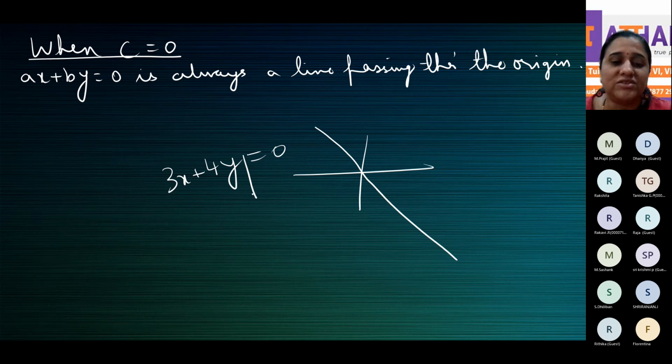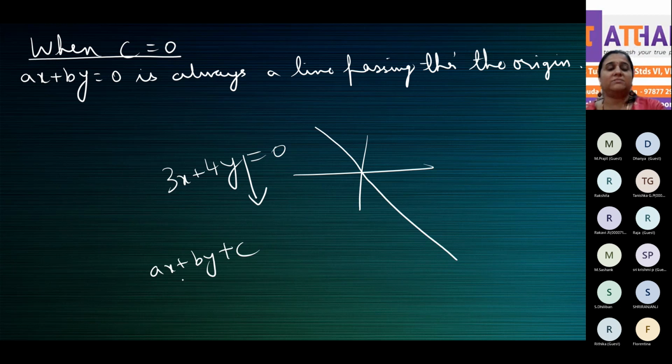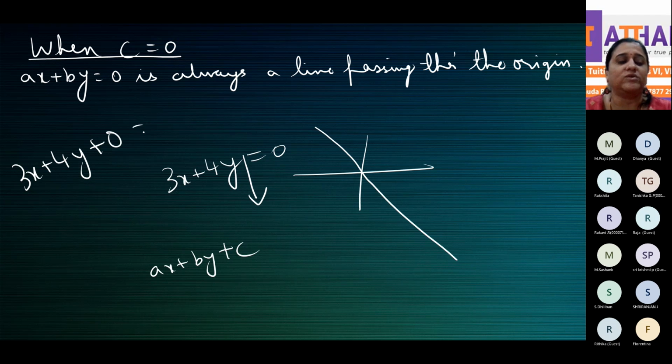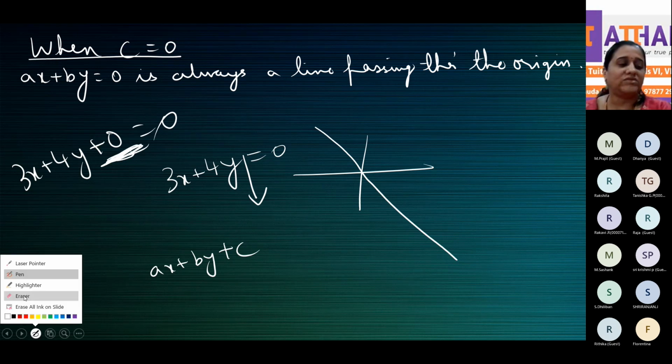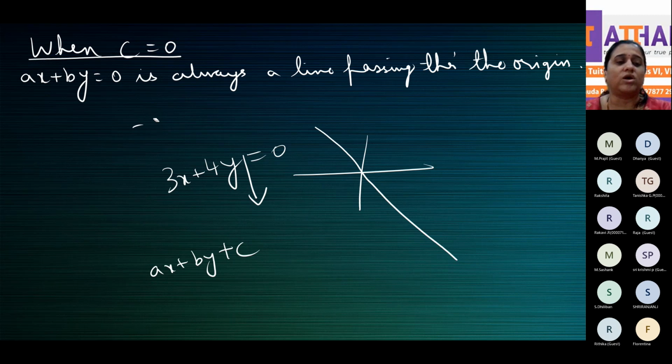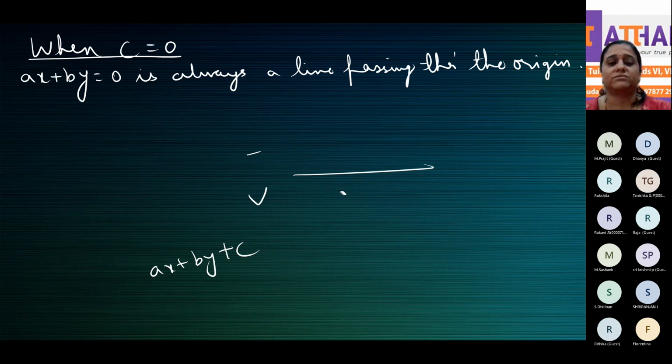Because the constant is missing, the c in ax plus by plus c. It is 3x plus 4y plus 0 is equal to 0. c is 0. So whenever c is 0, the line will pass through the origin. I'll tell you why. Do we understand this?